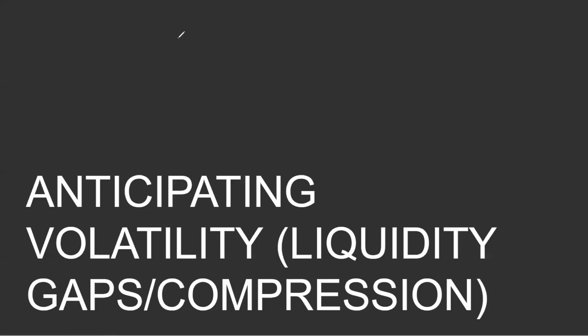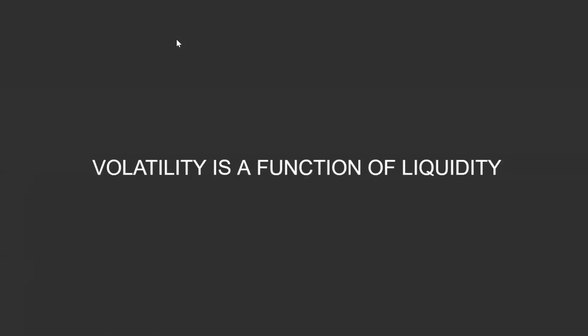And as I explained in the first week, volatility is a function of liquidity. Price moves up and down as a result of the ratio of market to limit orders at any given price. So it pushes to the less liquid side of the market. In other words, if there's no liquidity, you might think of liquidity as a kind of friction.